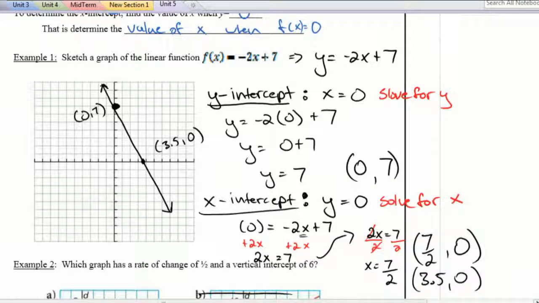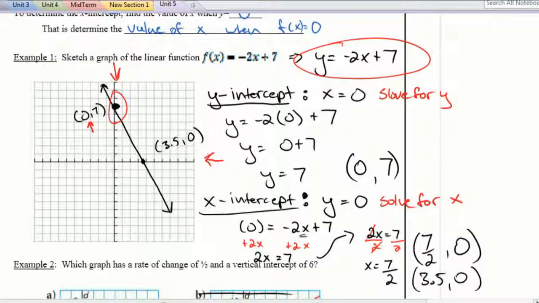So what we've done here is we've taken this equation, y is equal to negative 2x plus 7. We said, I wonder what that looks like. So we figured out where it crosses the vertical axis, and then where it crosses the horizontal axis. If I want to plot a line, I need 2 points. To find where it crosses the vertical axis, my x value is always 0.